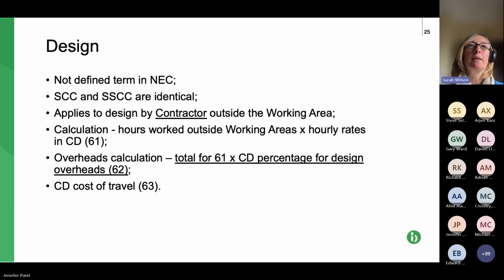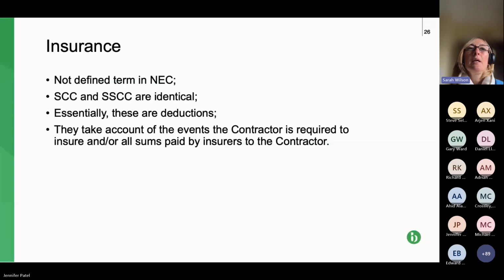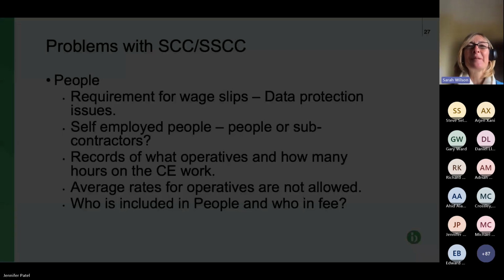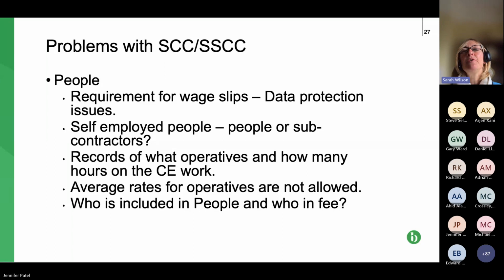So next slide, please. And that just covers insurance, which we've covered already, and of course needs to be forgotten because it's not particularly helpful for our purposes. Next slide, please. So we've got a few problems with the schedules and the shorter schedules, and it's mainly around having to prove the actual cost for individuals rather than having rates.